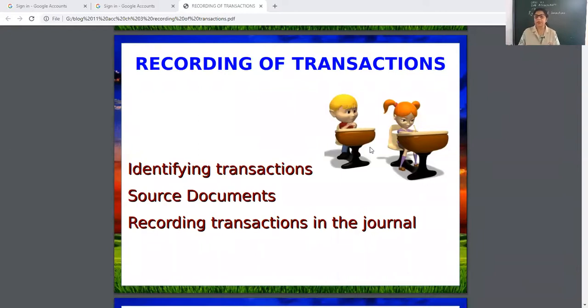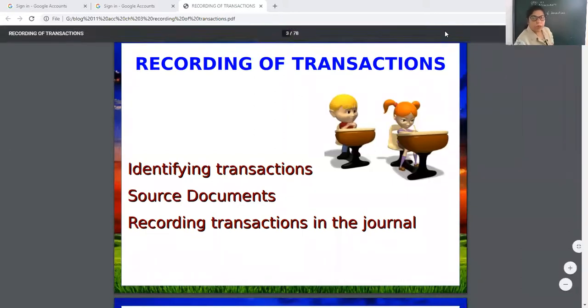Identifying transactions means first you have to identify which transactions are to be entered in the books, which are in monetary terms.